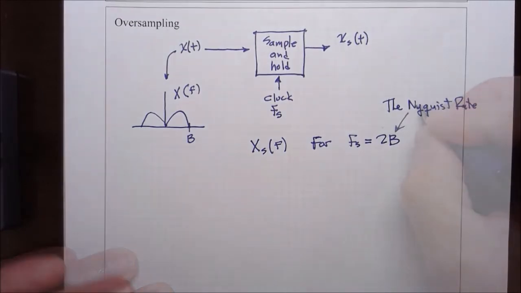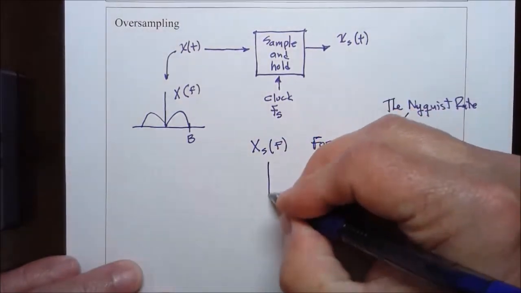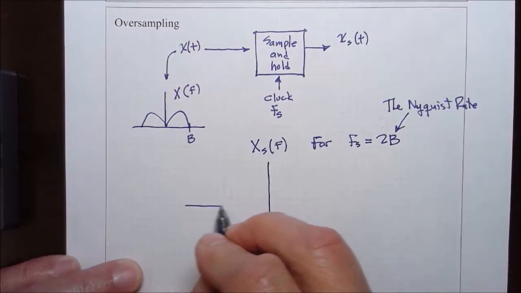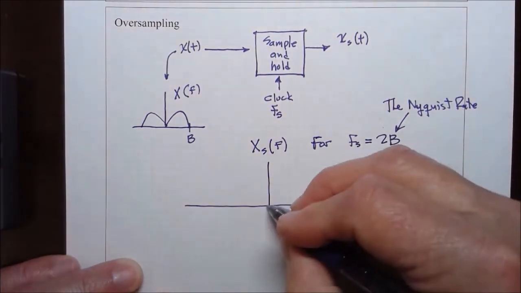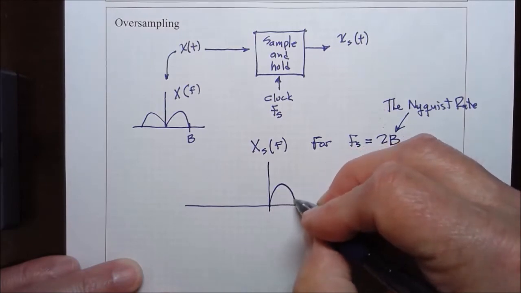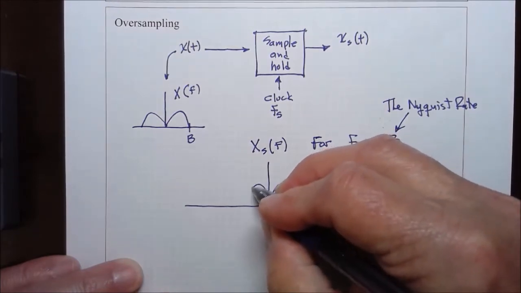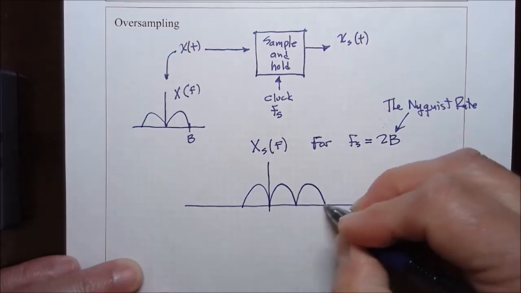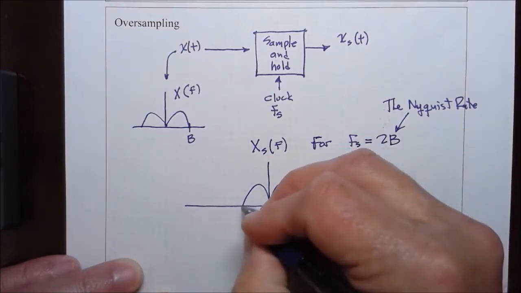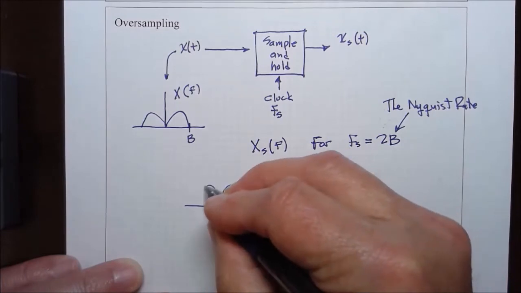Okay, so if we sample at the minimum sampling frequency, we get replicas of the signal spectrum.